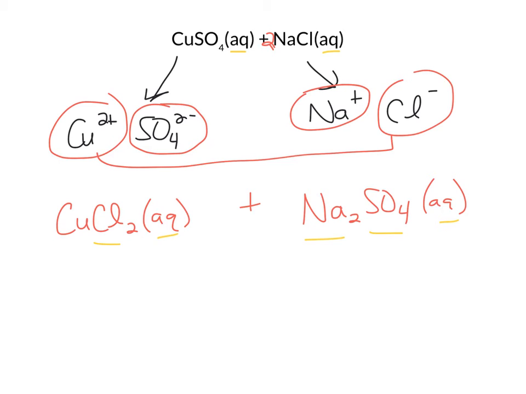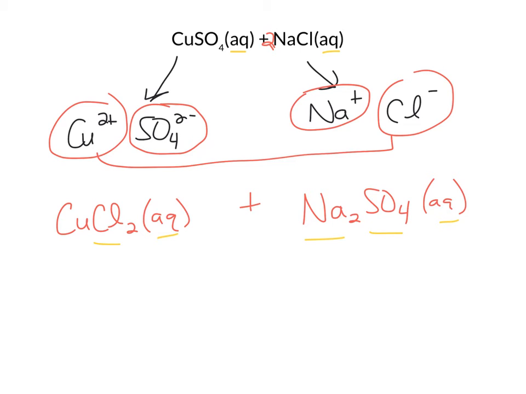And when an ionic compound is written as aqueous, it doesn't actually exist as this neutral substance that we're writing. It exists as just ions. And so you just have a bunch of Cu2+, SO4 2-, Na+, and Cl- to start with. And then in the end, we also just have those same ions. So actually nothing's really happening.